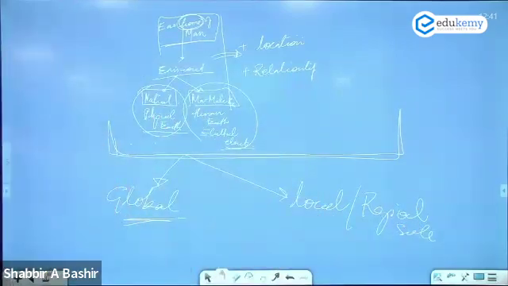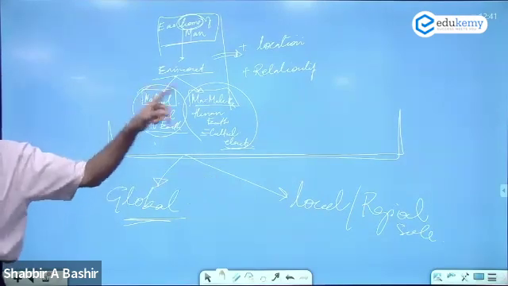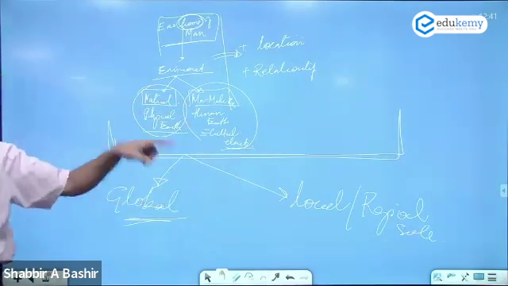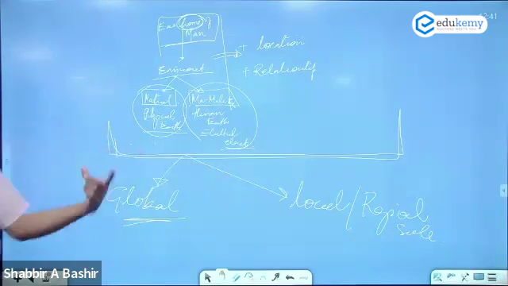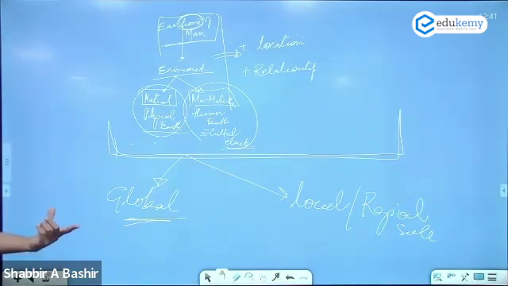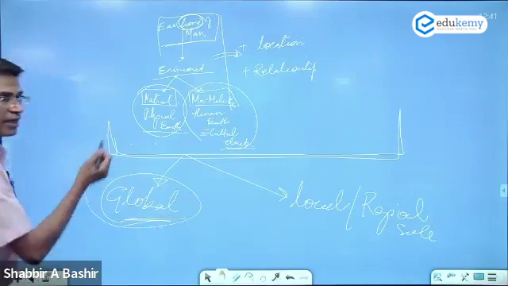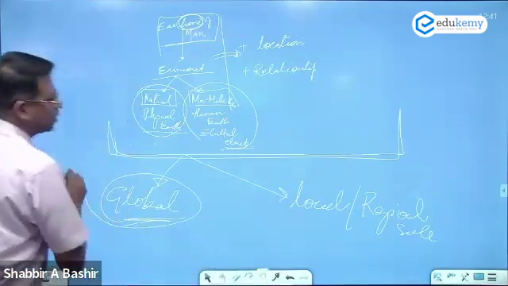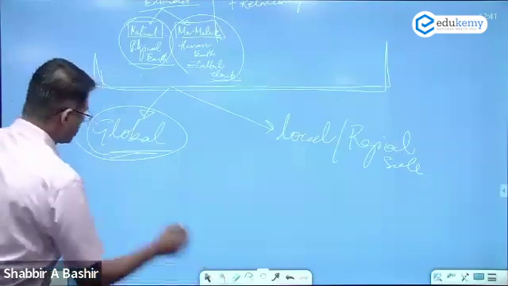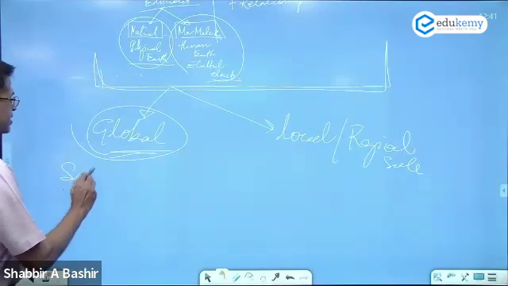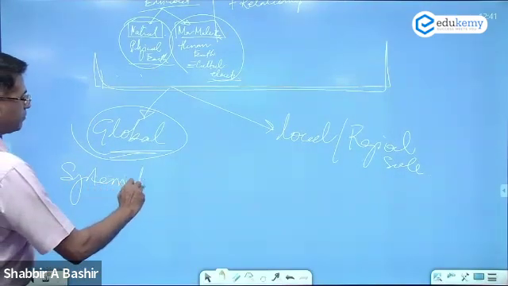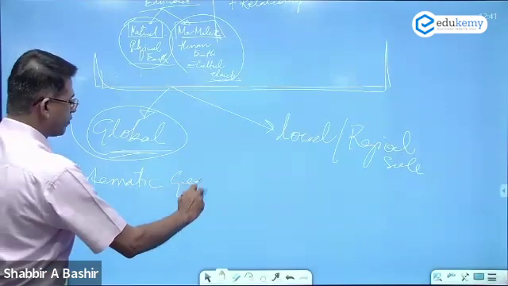Okay, I can study only for India, only for China, only for the US, only for maybe Britain, or for the whole world. Okay, this global study is what's called systematic geography.